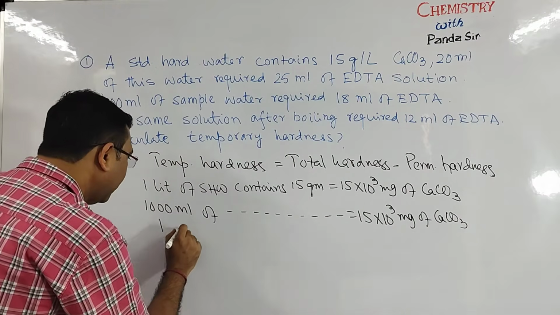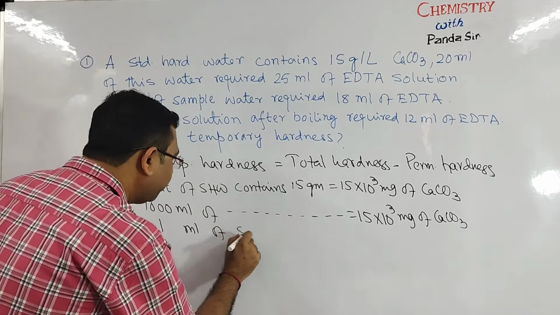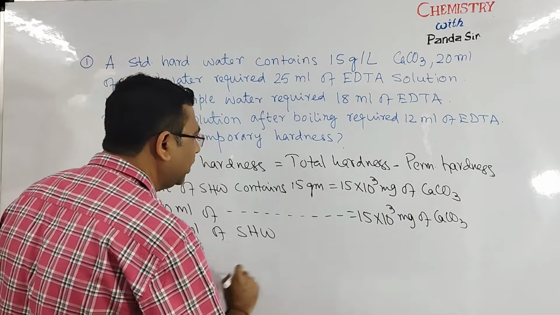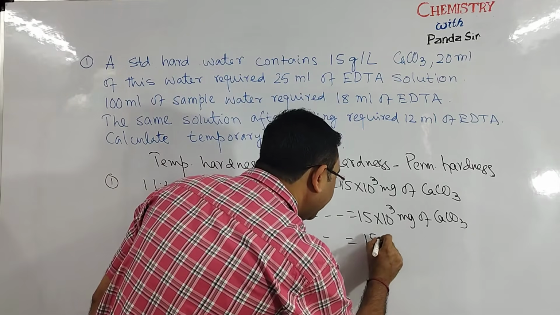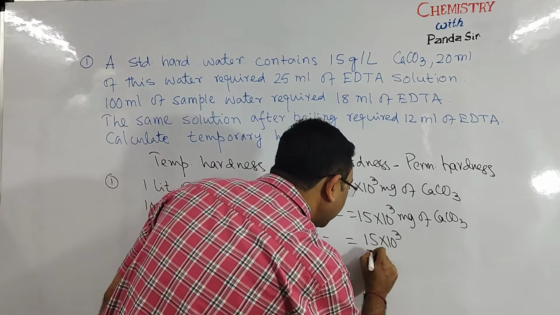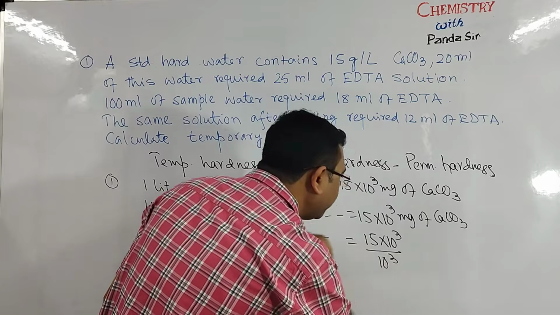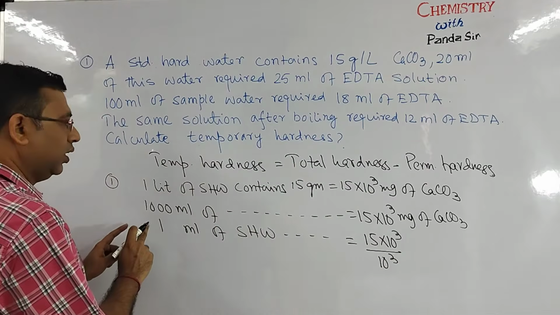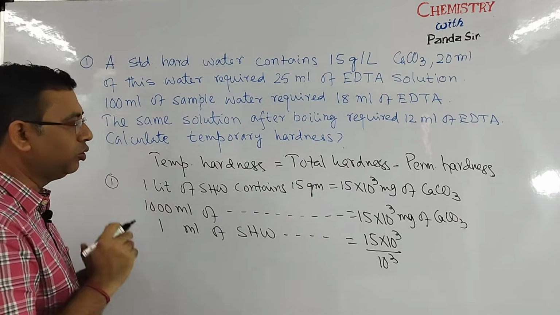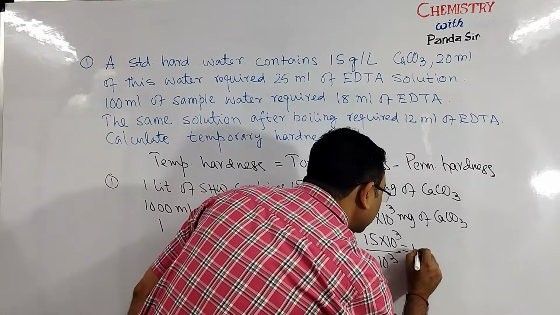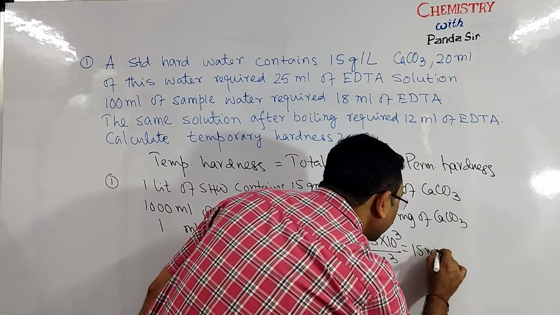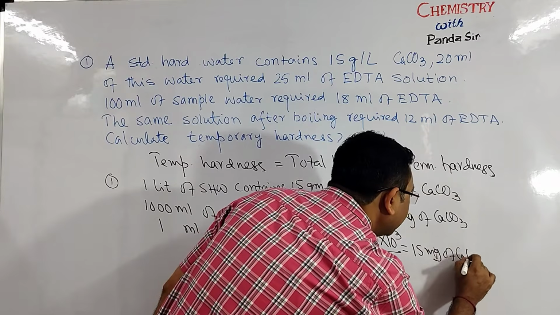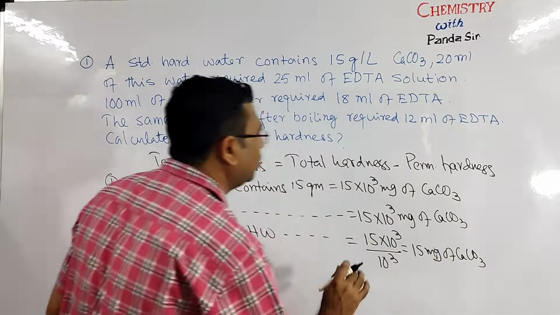So 1 ml of standard hard water contains how much? 15 into 10 to the power 3 divided by 10 to the power 3, because 1000 means 10 to the power 3, is equal to 15 milligram of CaCO3. So we are done with the first step.